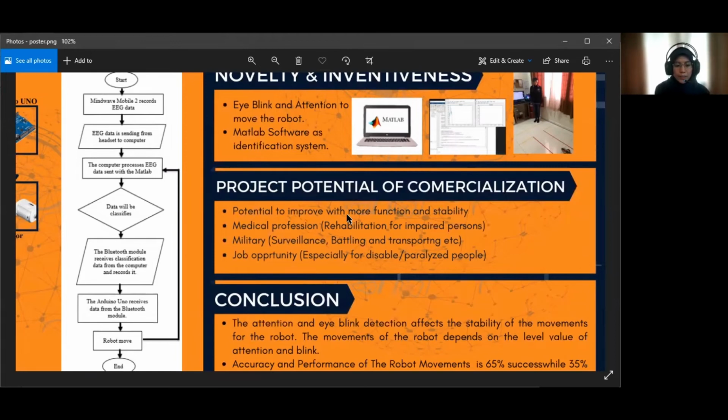For the medical profession, it can be used for the rehabilitation of impaired persons. In the military, it can also be used and visualized for surveillance, battling, and transporting. For job opportunities, it is especially for disabled or paralyzed people, giving them the opportunity to work as a worker.